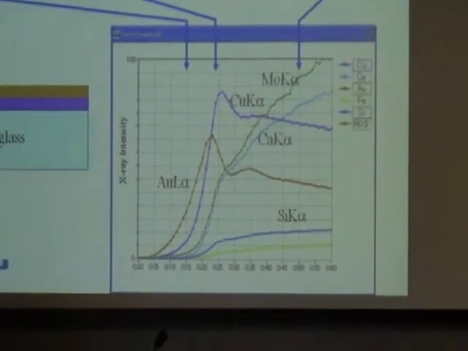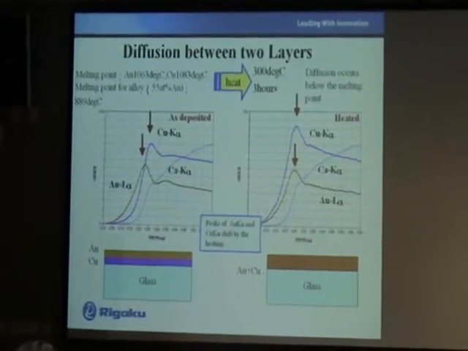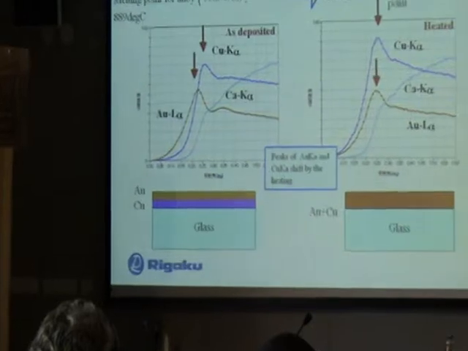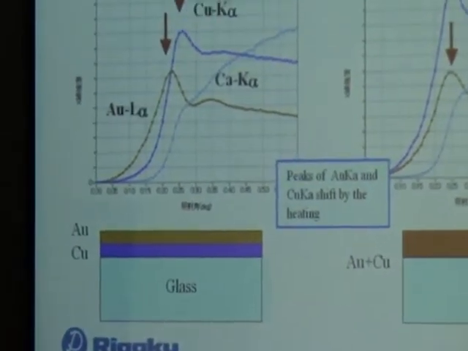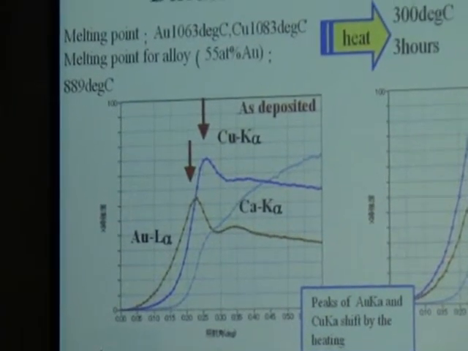And this is the data taken after heating in vacuum at 300 degrees C for 3 hours. Then we took the angle dependence data again. The pattern changes from this one to this one.